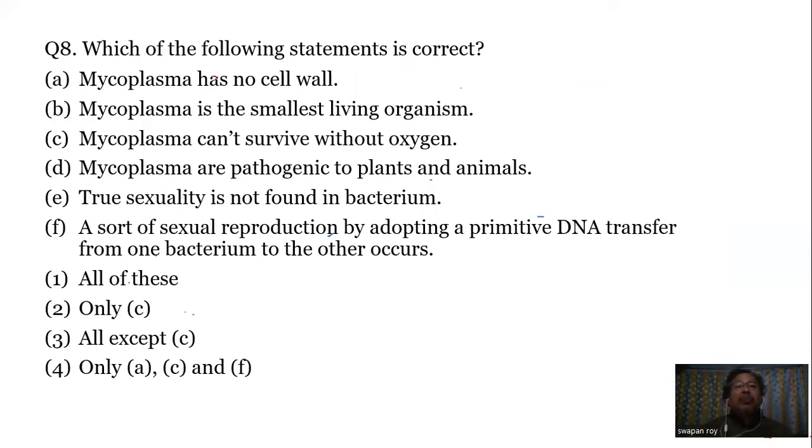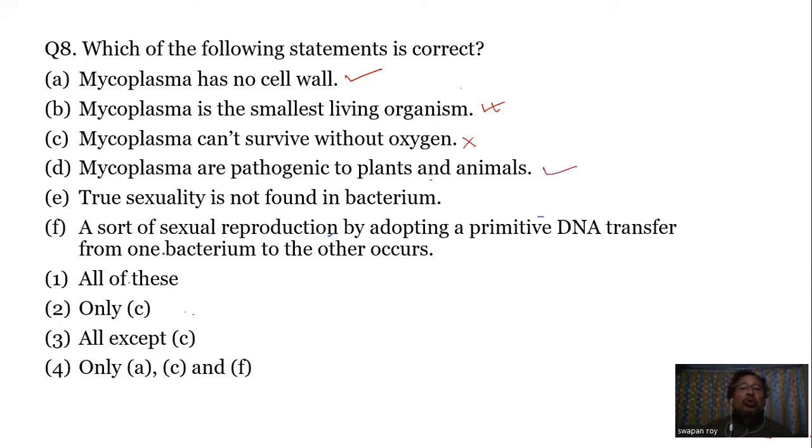Next question, which of the following statements is correct? Statement A, mycoplasma has no cell wall. This is true. B, mycoplasma is the smallest living organism. C, mycoplasma cannot survive without oxygen. This option is not correct because mycoplasma are aerobic organisms, but without oxygen also they can survive. Next, D, mycoplasma are pathogenic to plants and animals.